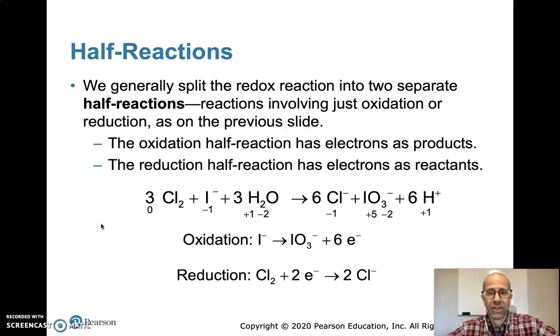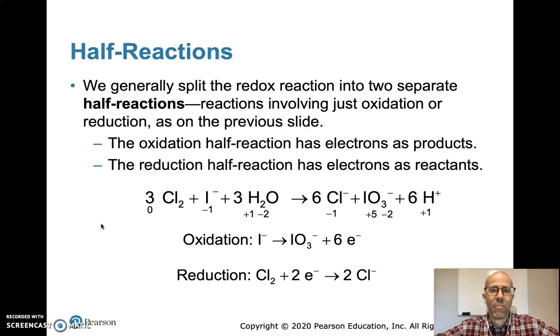One substance is losing electrons because it's giving them to another substance. The substance giving those electrons away is being oxidized, and the substance picking up those electrons is being reduced.